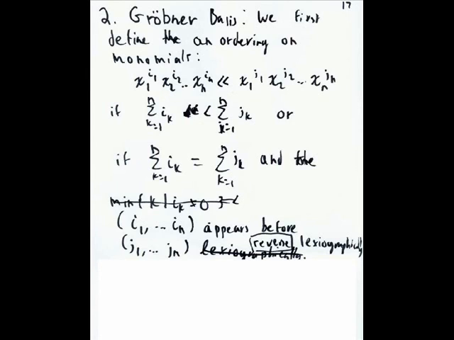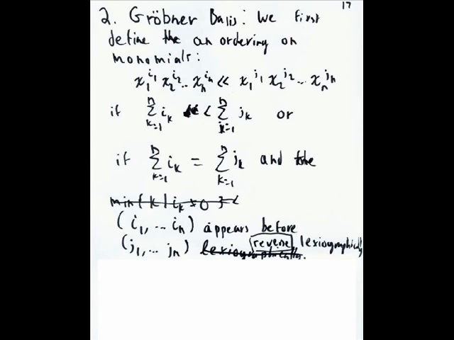To define a Gröbner basis, we first define an ordering on monomials. Given a monomial x1^i1 up to xn^in, we say it's less than x1^j1 up to xn^jn if the sum of the ik is less than the sum of the jk.